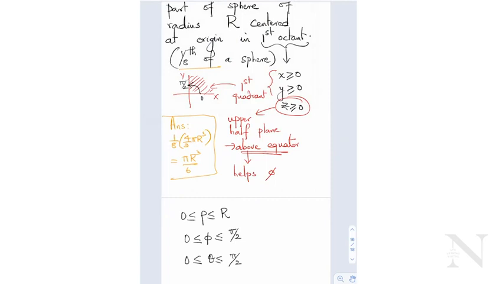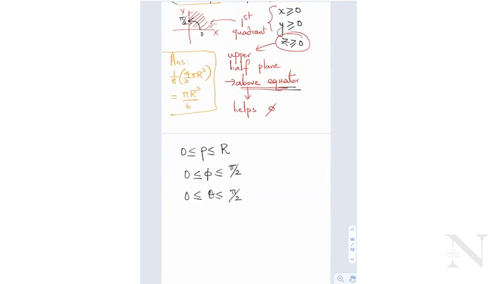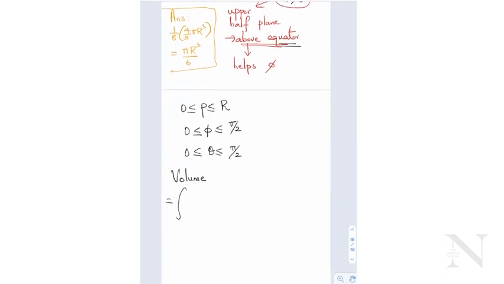Phi is going from 0 to pi over 2 because it's above the equator. So you're starting from the North Pole. You don't go all the way to the South Pole. You're stopping at the equator. So let's see what happens. Then the volume would be the triple integral of 1 dV, but you can just separate them out as soon as you see it.